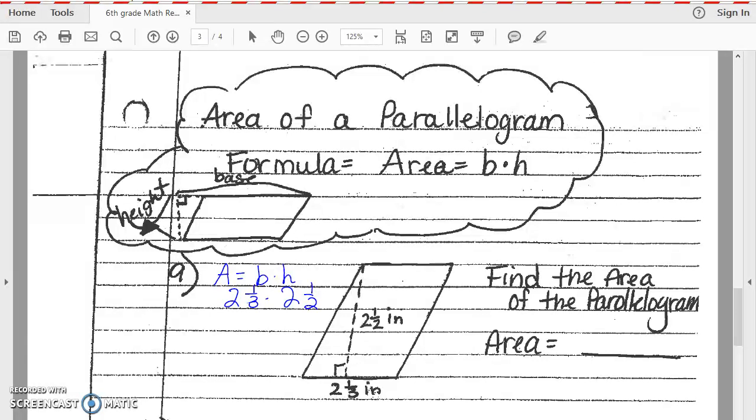So what I'm going to do is I'm going to times, and I'm going to add and turn these into impropers. So 3 times 2 is 6. 6 plus 1 is 7. 7 over 3 times, and then over here I'm going to multiply and I'm going to add. 2 times 2 is 4. 4 plus 1 is 5. And bring down my 2.